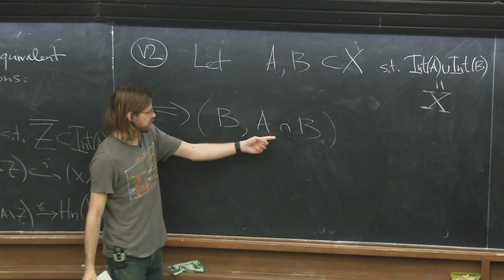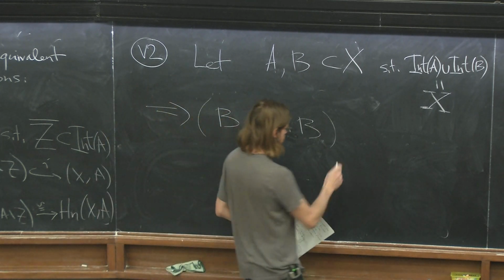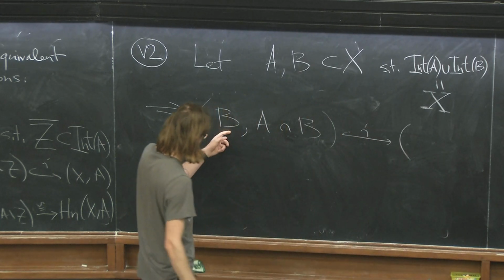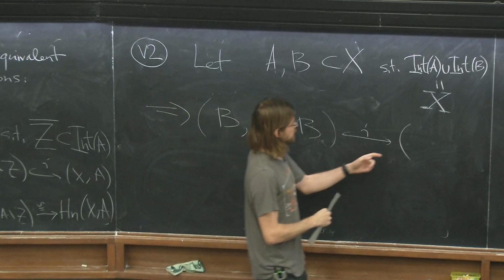So this is obviously a subspace here. And again, we can just consider the inclusion map. Well, we consider inclusion from B to our space X.